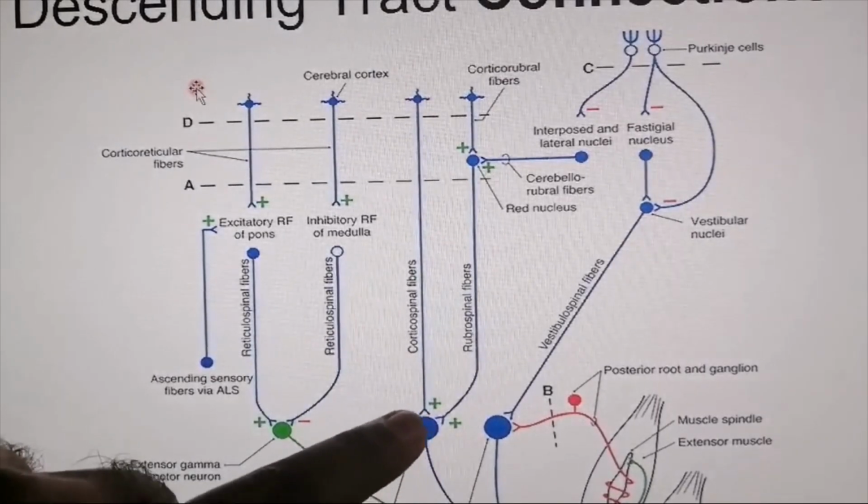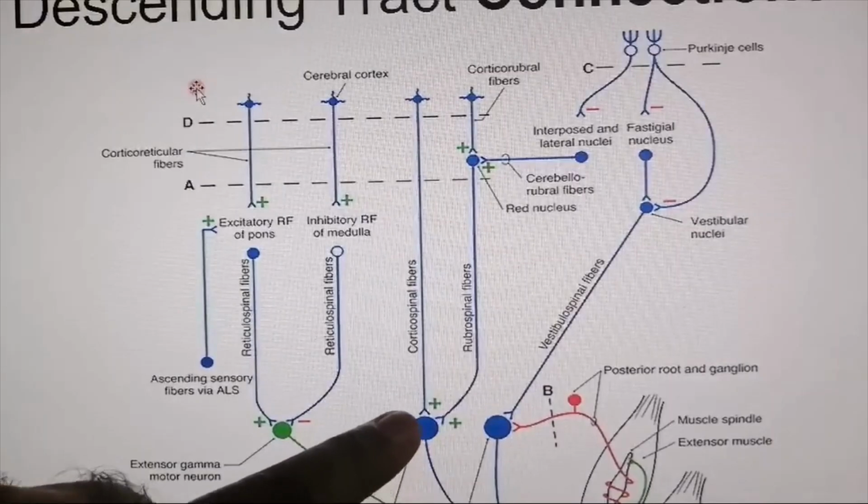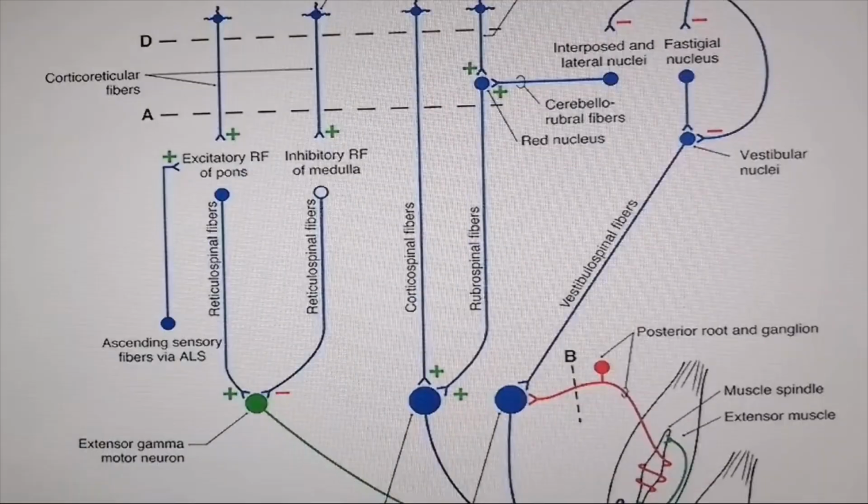Right here. Okay. So if I were to zoom this in, the corticospinal tract came from the cerebral cortex directly, no other business in the middle, directly on top of this neuron. I can tell you from here, you can't see it, but it's a flexor alpha motor neuron, going to the flexor muscle.